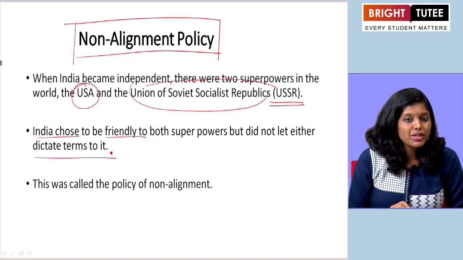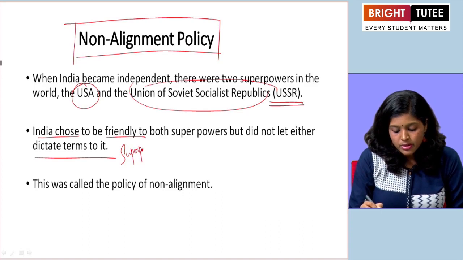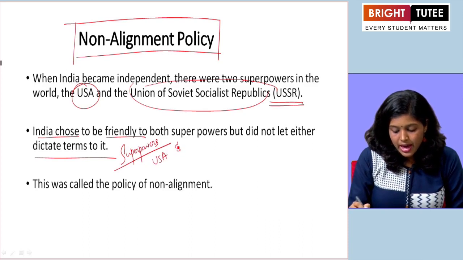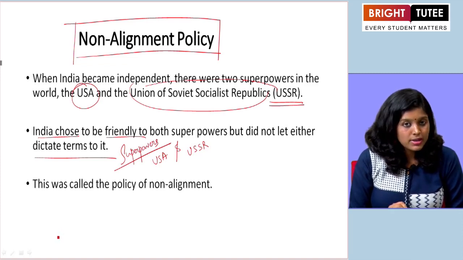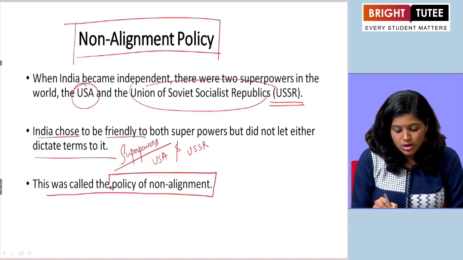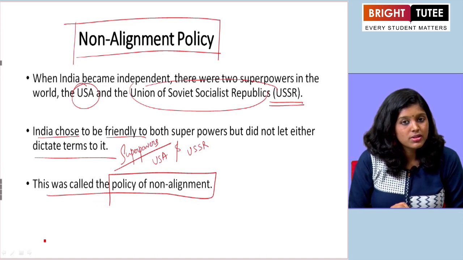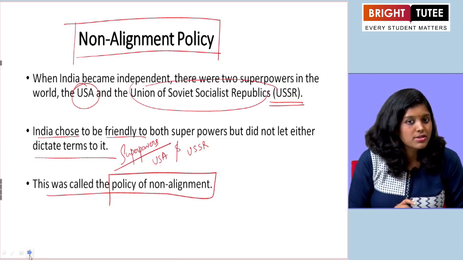So, the decision of India was to be friendly to both these superpowers, that is the USA and the USSR, but it was clear that nobody would dictate terms to India. And this particular policy was called the policy of non-alignment. You are being friendly to all the nations, but you are not letting anybody dictate or tell you what to do.